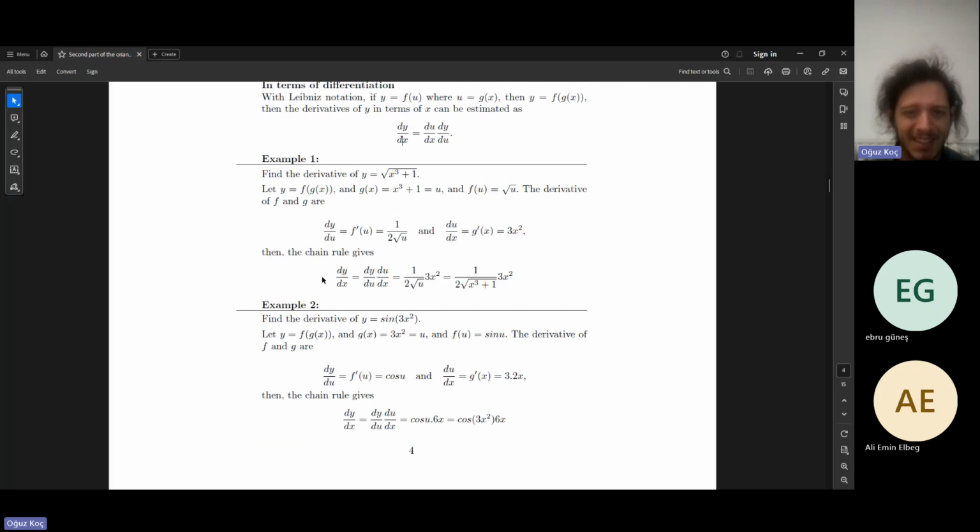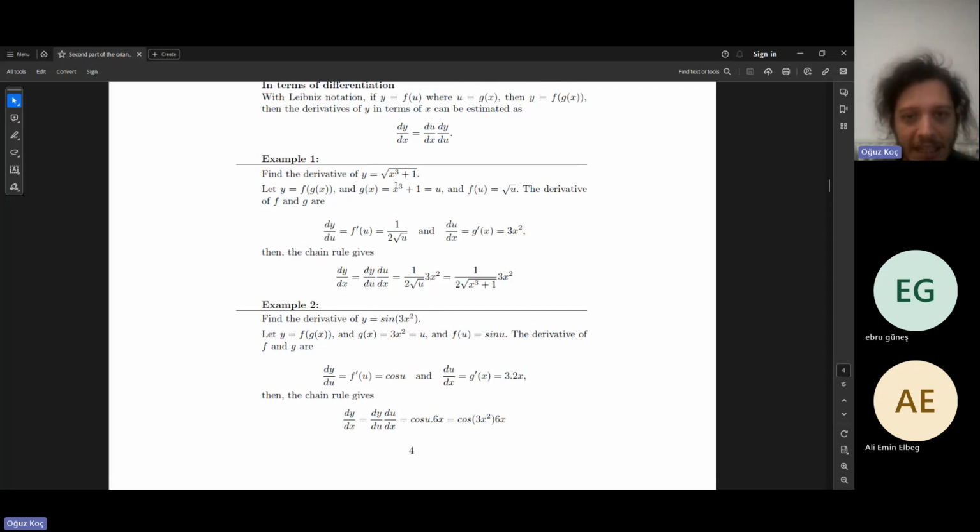It can be understood more easily in this example. In this case, our function is f of x, which can be written as f of g of x, and the function here is the second root of the third power of x plus 1.